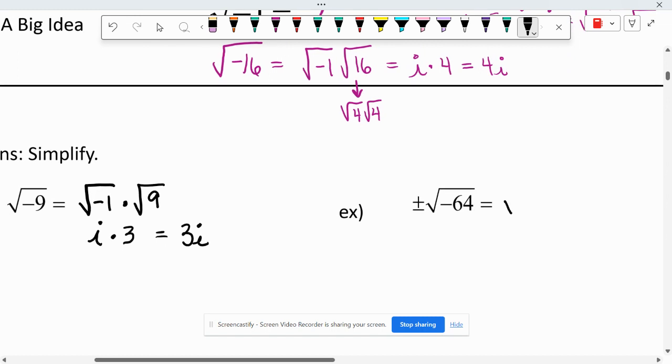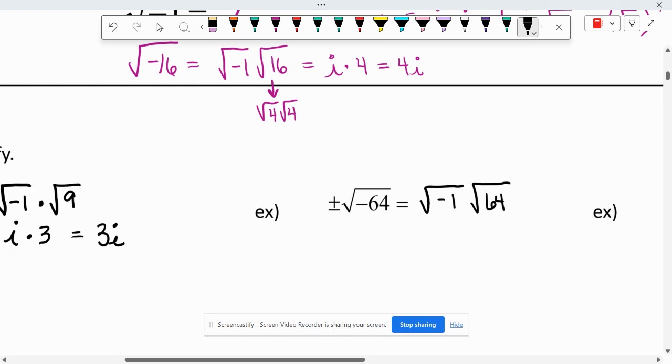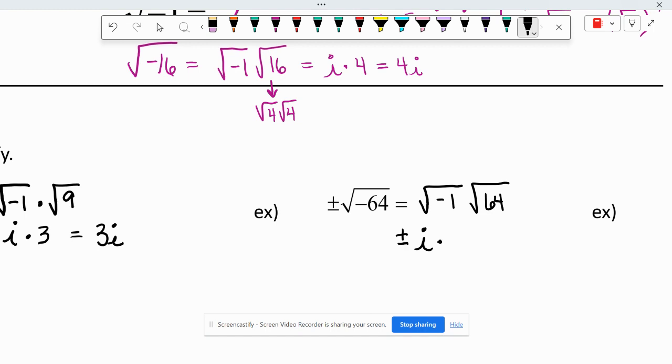So, the square root of -64 is the square root of -1 times the square root of 64. What is the square root of -1? Plus or minus i, times the square root of 64, which is 8. So my answer is the positive and the negative 8i.